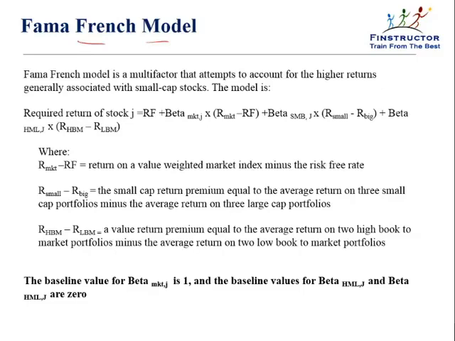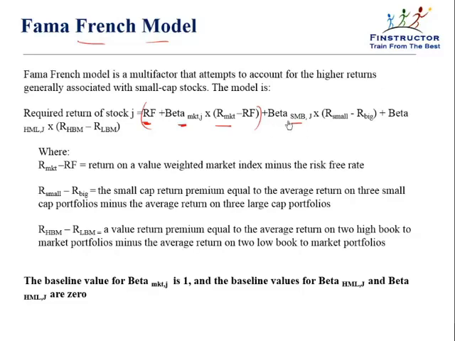The Fama-French model says that the return on a particular stock is calculated as the risk-free rate plus beta times RM minus RF. So up till here, it is the same as the CAPM. After which, the Fama-French model says that the risk premium also depends on whether the company is small or big.